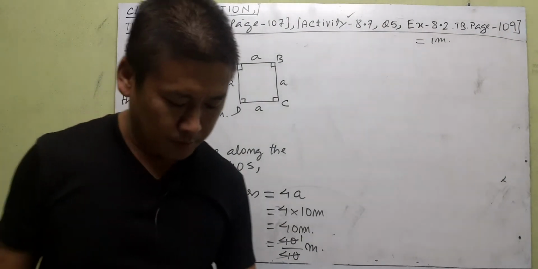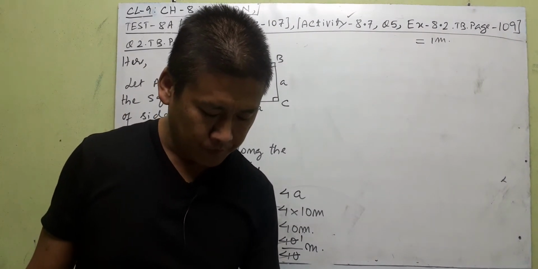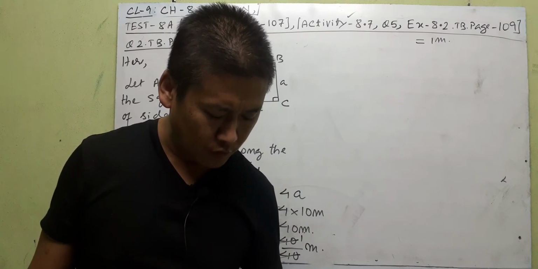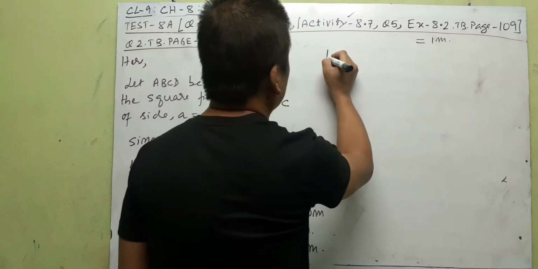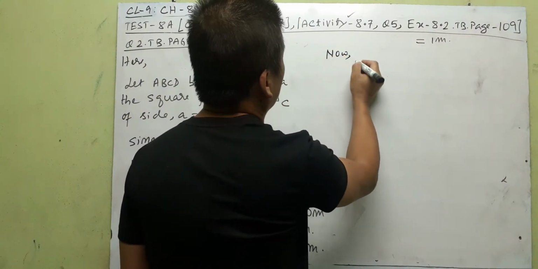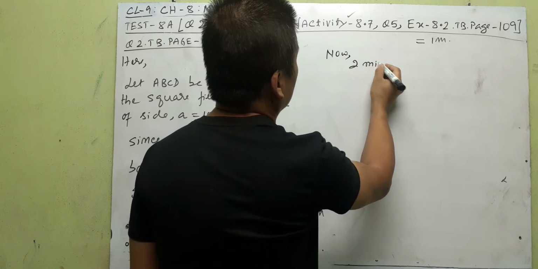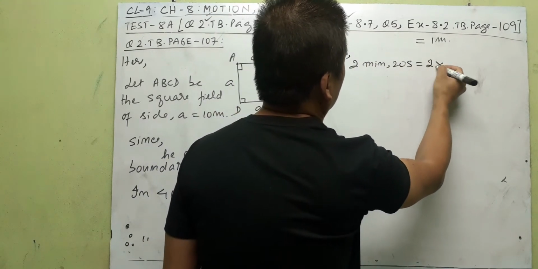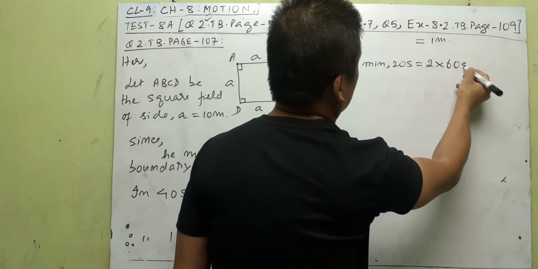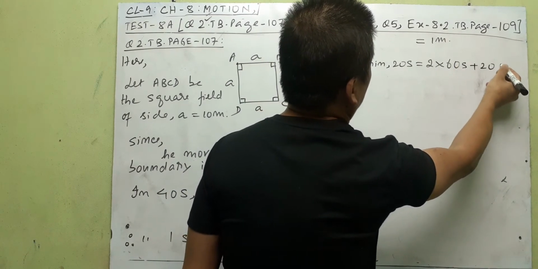But the latter part of the question says he moves, what will be his displacement at the end of 2 minutes 20 seconds. So let's just first find out how much is 2 minutes 20 seconds. Now 2 minutes 20 seconds is same as 2 into 60 second plus 20 second.